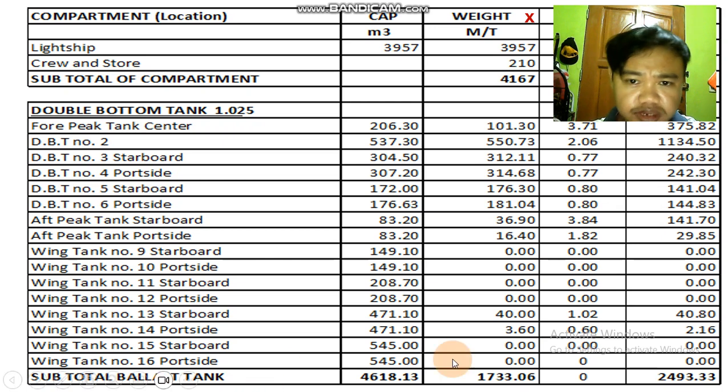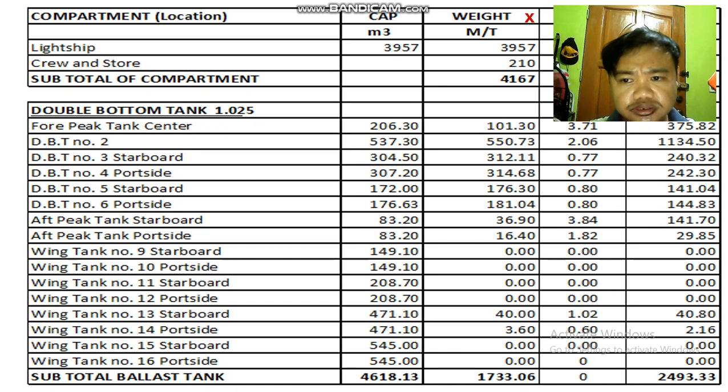In the previous slide, we had the light ship. In this example, we have another light ship displacement and VCG, and then the different tanks: the ballast tank, the double bottom, the wing tank, as well as the after peak tank.